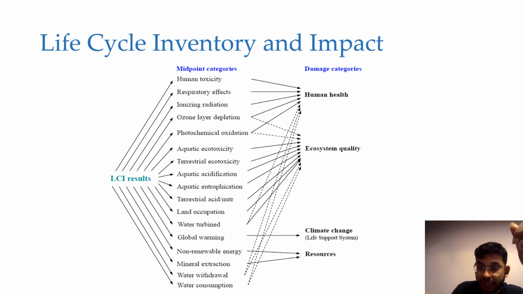Essentially, you have human health, ecosystem quality, climate change, and resource use. You have toxicity and eutrophication, which we have already talked about, in ecosystem quality, and everything that has to do with health, for instance human toxicity and respiratory effects, goes into that damage category. And we also know about climate change and resource use. So these are typically the damage categories and the midpoint categories when it comes to LCI.